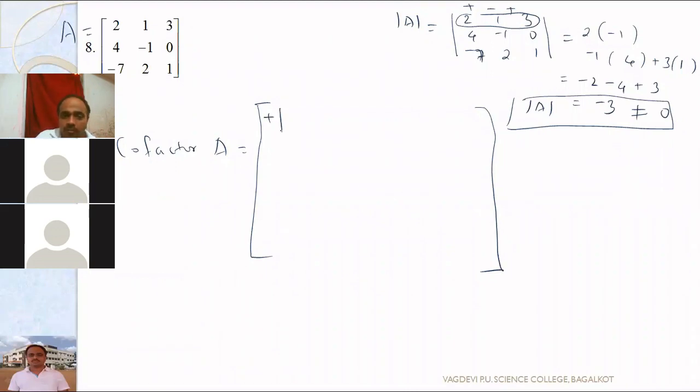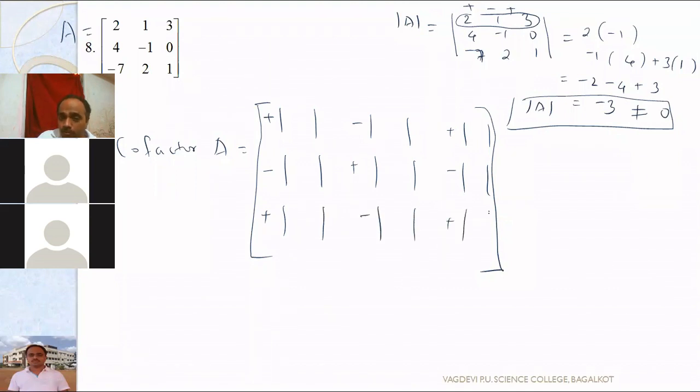First, you write the skeleton: plus its minor, means determinant, minus of the minor, plus of the minor, minus, plus, minus, plus. I've written the skeleton: plus minus plus minus plus minus plus minus plus.